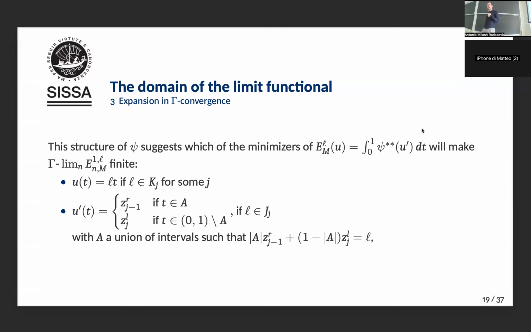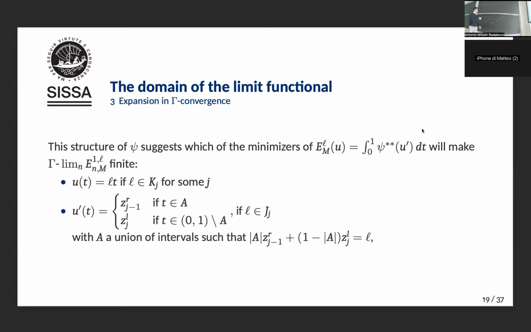Okay. So now we can describe a little bit better what will be this kind of approximating sequence of functions, which we need because the only functions such that our energy will remain finite at the limit are those approximating a minimum for the limit energy. So we either have the approximation of the straight line with optimal oscillation when we are in the good interval.